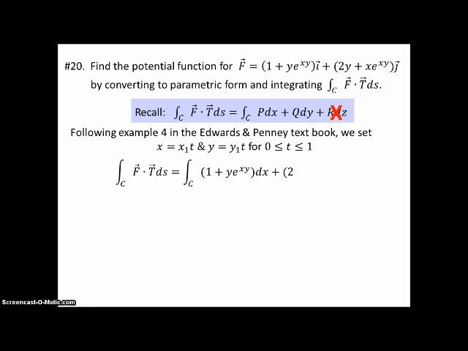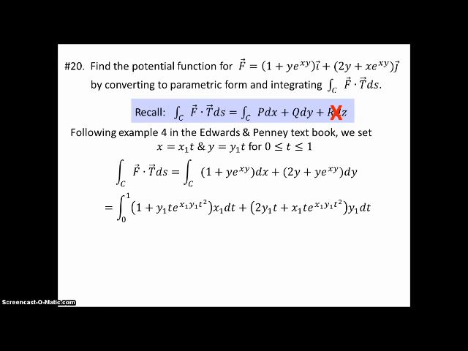And so now we just have P, which is the first component in front of i, dx, plus the second component, the one in front of j, dy, as our integrand. But we can't integrate when we're mixing it up this way, so for this particular form, we have to change to parametric. So now we're going to substitute for x and y, and t then goes from 0 to 1. And remember, x1 and y1 are like your a and b, they're just numbers.